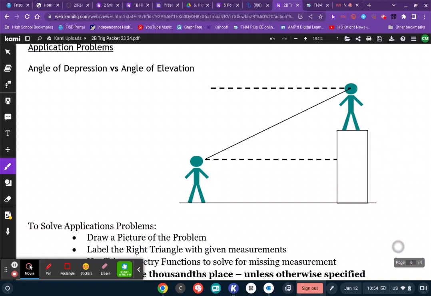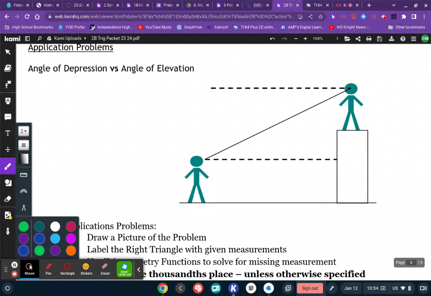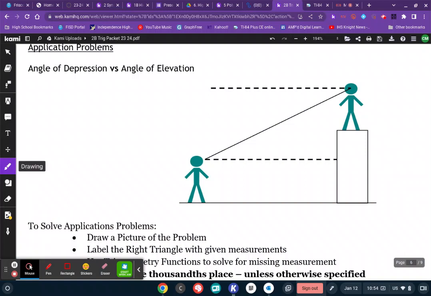If I were standing outside in front of school and looking up at the top of the flagpole, the angle of elevation is from my line of sight, because we're looking for something that's going to form a right triangle. So we're looking for a parallel situation and a perpendicular situation. This angle here is called my angle of elevation.